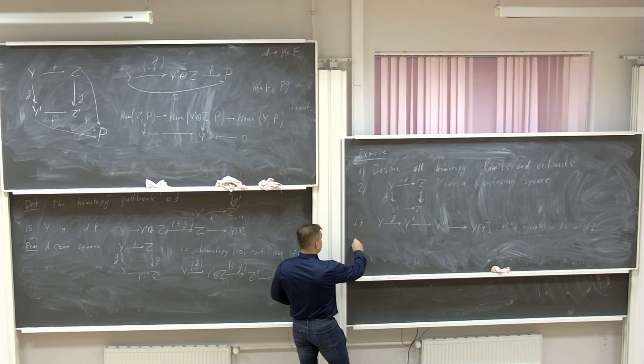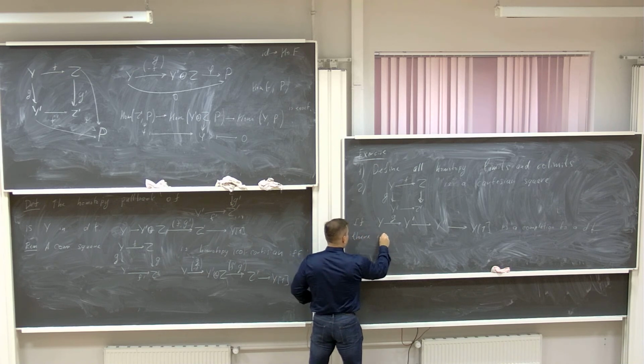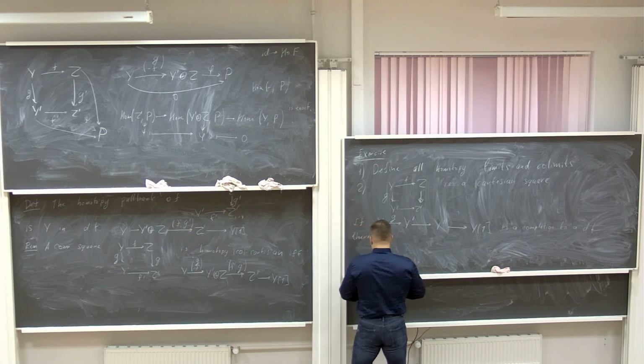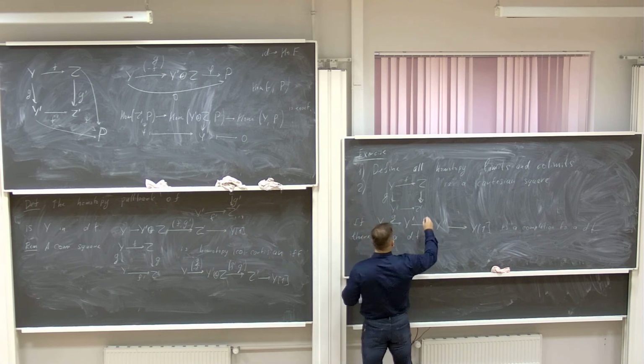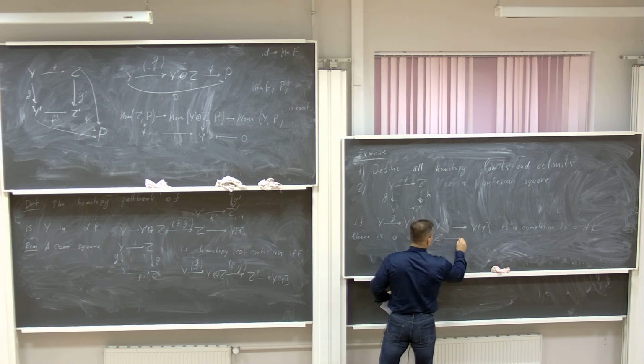So if you have this, there is another distinguished triangle. Now let me call the map from Z to Z prime H. So the distinguished triangle will be with Z, Z prime.